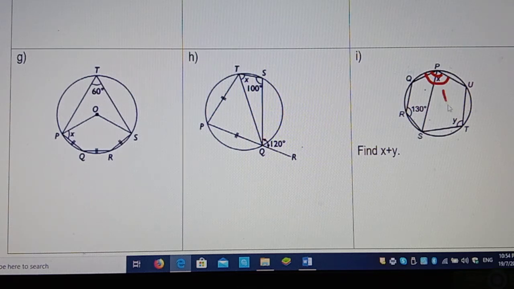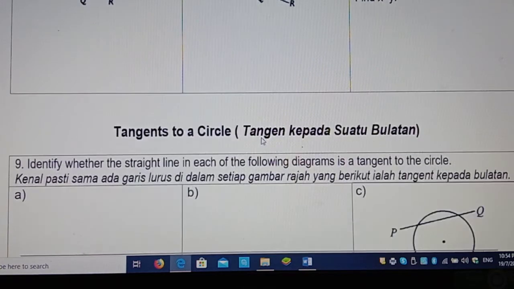These two angles total up to 180, and you need to add one more, 50. So 180 plus 50 is 230.